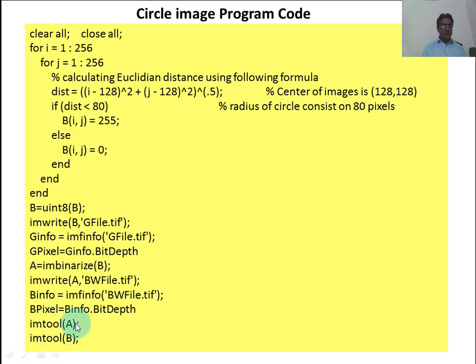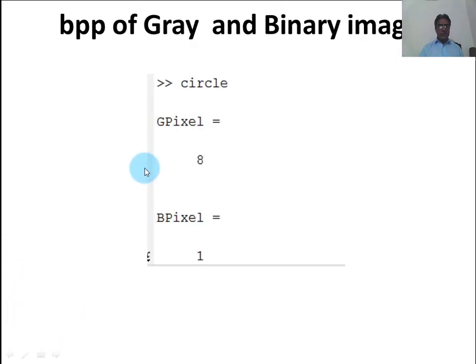imtool will display the binary image, while imtool B will display the gray image. How will this be done? Here we see the output of this line, G pixel and B pixel. G pixel is the gray pixel.